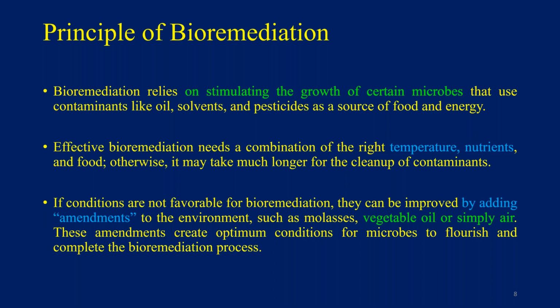If conditions are not favorable for bioremediation, they can be improved by adding amendments to the environment, such as molasses, vegetable oil, or simply air. These amendments create optimum conditions for microbes to flourish and complete the bioremediation process.